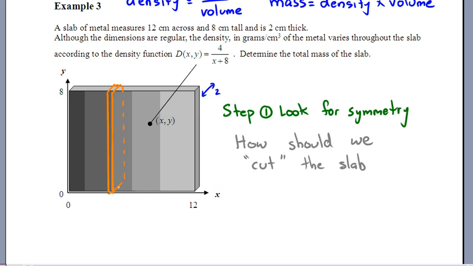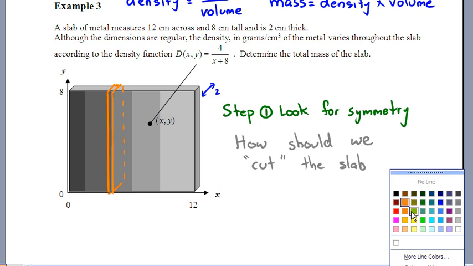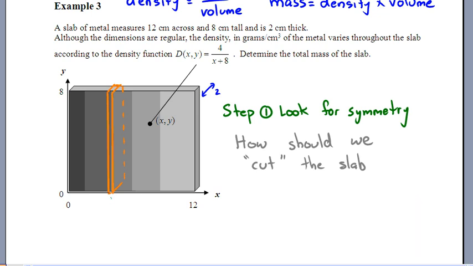Then that little slab of material, if I cut it super thin, it's going to have one value for density. And what I'm going to do is I'm going to let x talk about my location along the x-axis, and then dx is going to be some small little microscopic change in the x values as I walk across that x-axis.